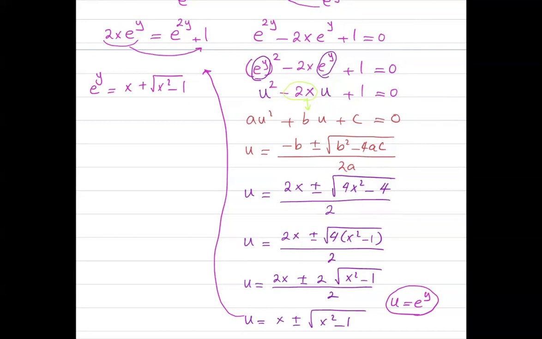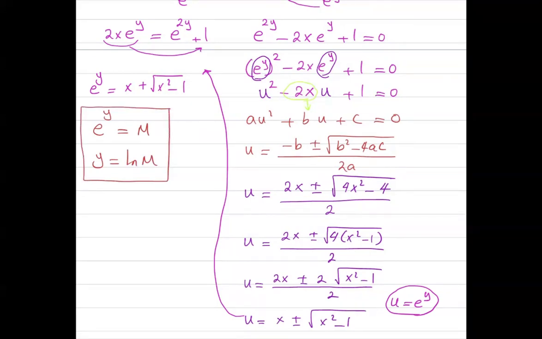But remember the definition from algebra. If you have e to power y equals a quantity like m, then y is equal to ln of m. So this quantity on the right-hand side is your m.